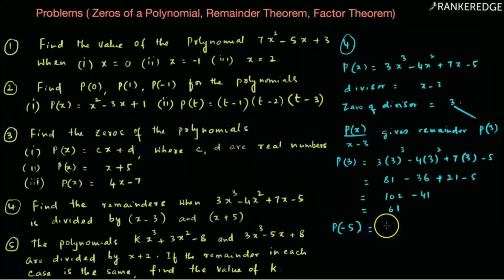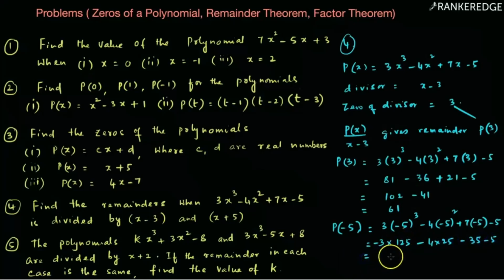Let's find p of minus 5. 3 into minus 5 whole cube minus 4 into minus 5 whole square plus 7 into minus 5 minus 5. That will be 3 into minus, this minus comes to the front because this is an odd power. Minus 3 into 125 minus 4 into 25 minus 35 minus 5.